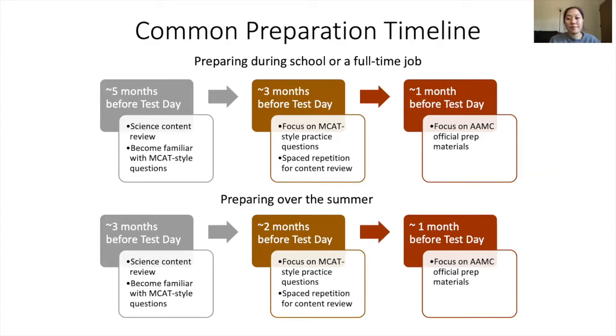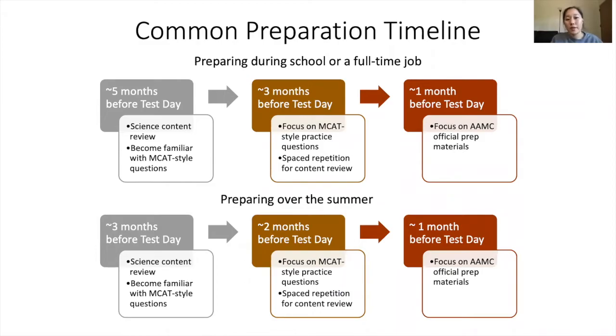Students study a very wide range of topics. This is also where students begin looking over MCAT style questions and see how the MCAT likes to test students, and adjust their study methods based on the testing style and difficulty.